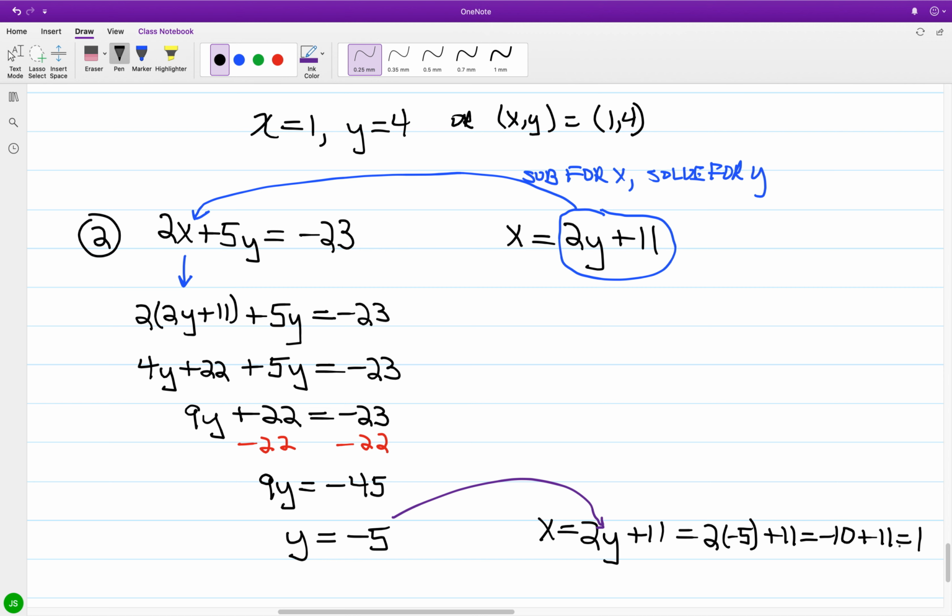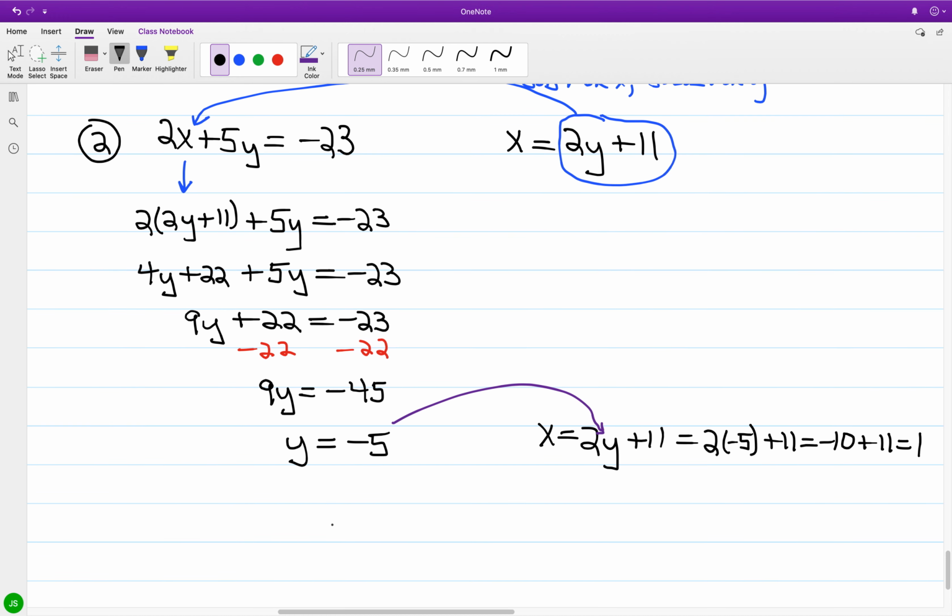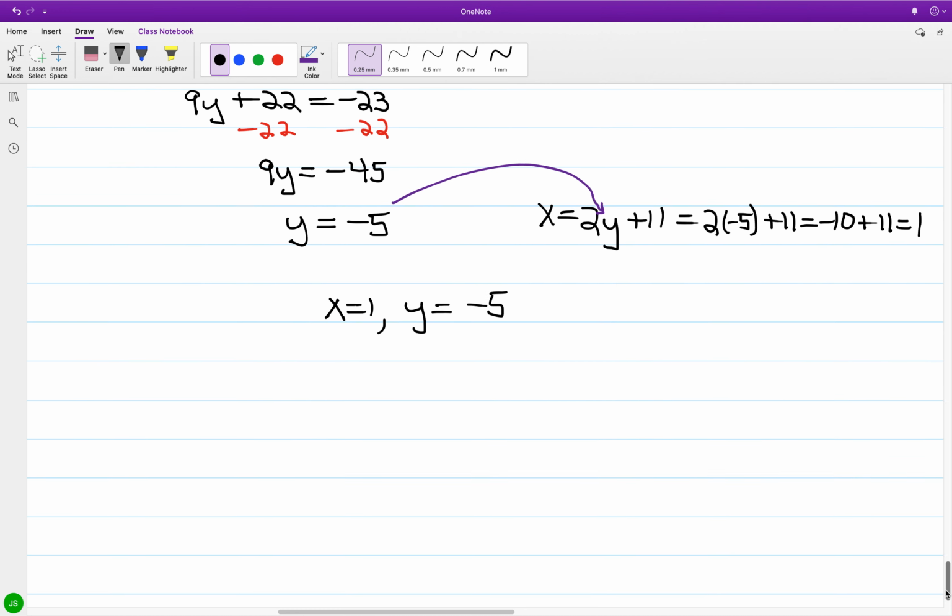So you have x at 1, y at negative 5. Also we have 2 times 1 is 2, 5 times negative 5 is negative 25, and 2 plus negative 25 is equal to negative 23. So you have x equal to 1 and y equal to negative 5. So I was able to solve for 1 and 2 by substituting.